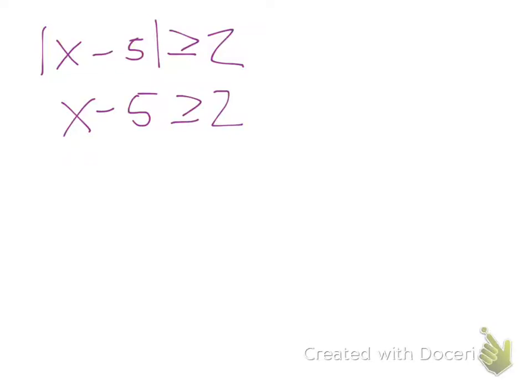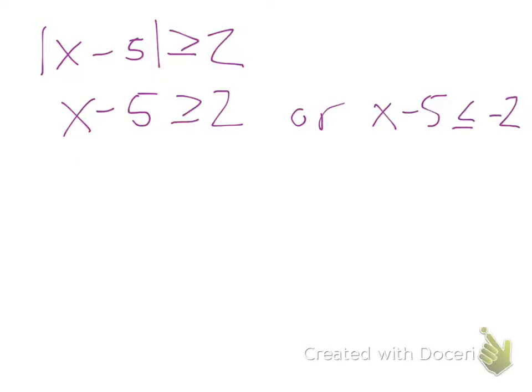Half the problem says this, yes? And then you put or. I say x minus 5, whatever's inside is what? I have to make it a negative 2, but what about it? Less than or equal to negative 2. And solve them individually.